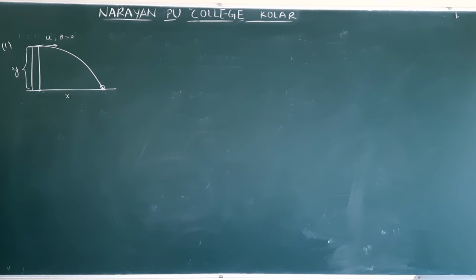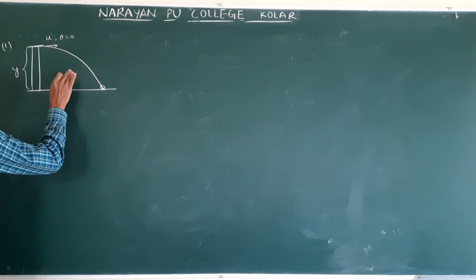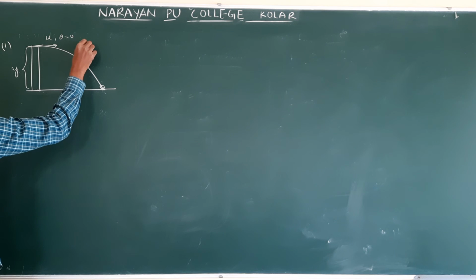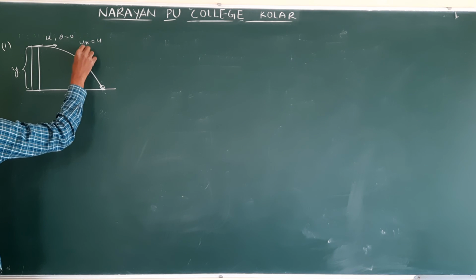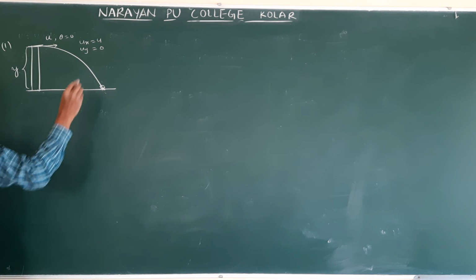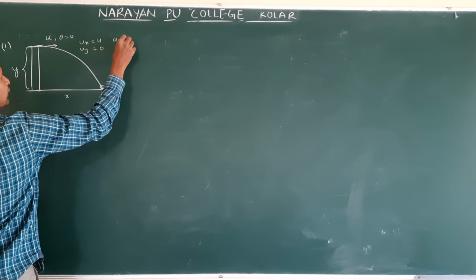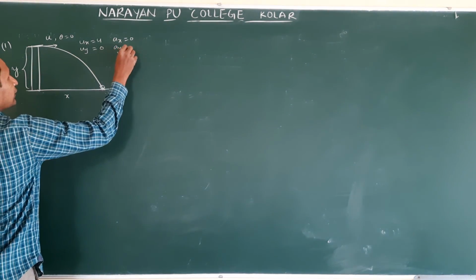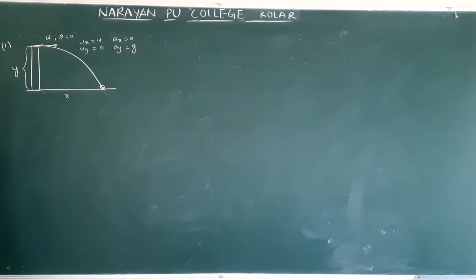In this case, again we need to split all physical quantities. ux is equal to u. What about uy? uy is 0. Next, acceleration ax: there is no acceleration along the x direction. Acceleration along the y direction is g, acting downwards.